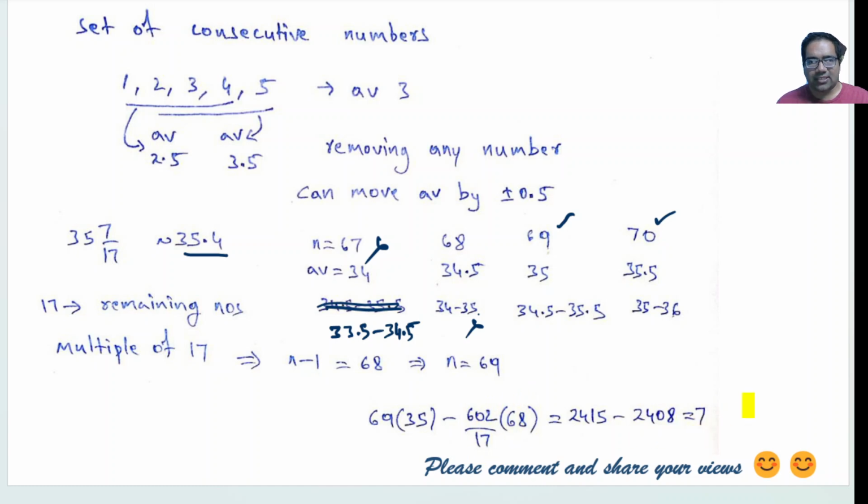So the difference is actually 7. So the set of numbers is 1, 2, 3, whatever we have till 69 is the first set, and 7 is removed to get this, so that the remaining average has become 35 7 by 17. Guys, this is a nice problem. Hope you like this. Thank you.